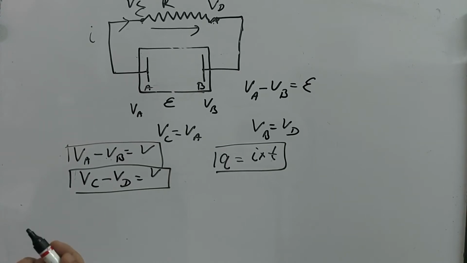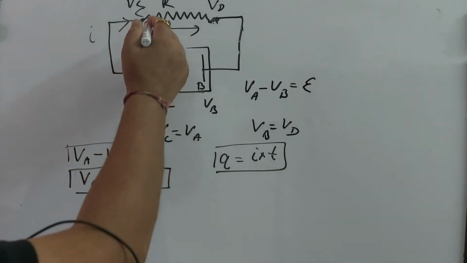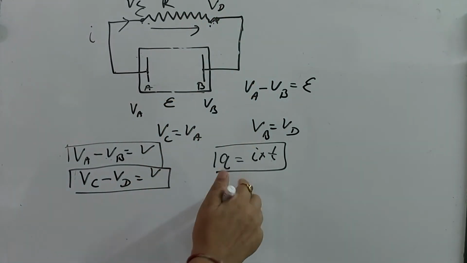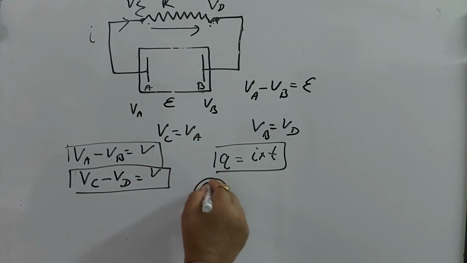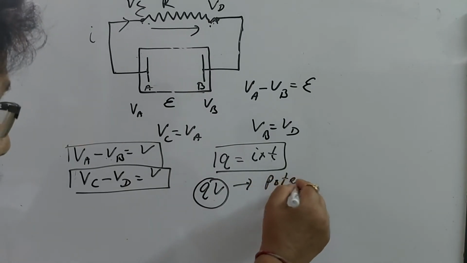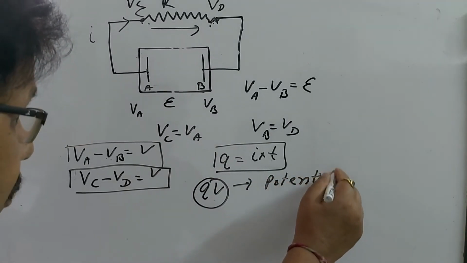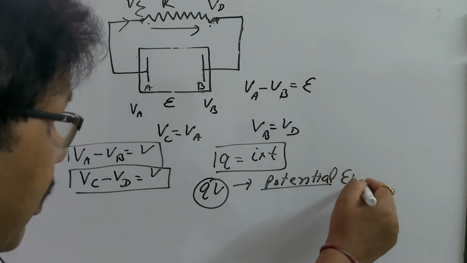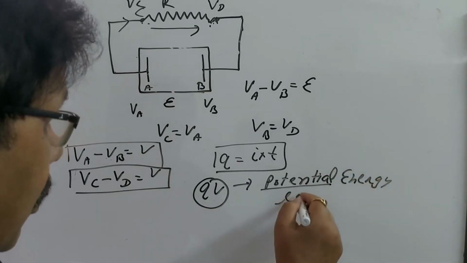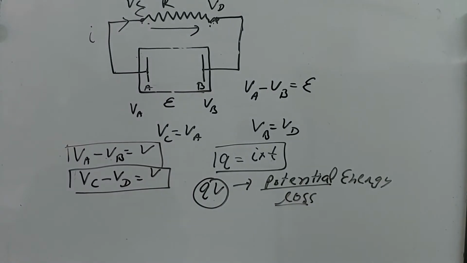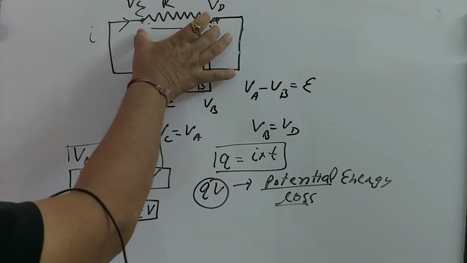So how much potential energy will be lost? This will be equal to the potential difference into the charge, Q into V. This is the potential energy lost, or the decrease in the potential energy, Q into V, and Q we know is I into T. So I into T into V is the potential energy lost, and this loss in potential energy will appear in the form of thermal energy in this resistor.